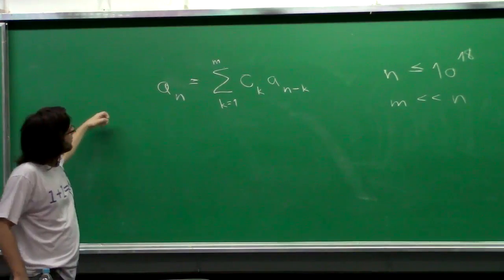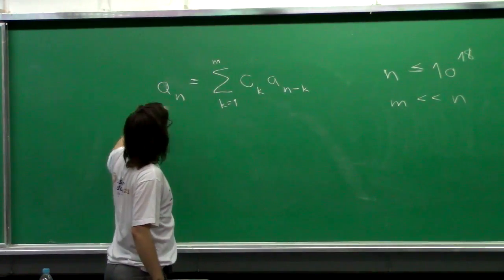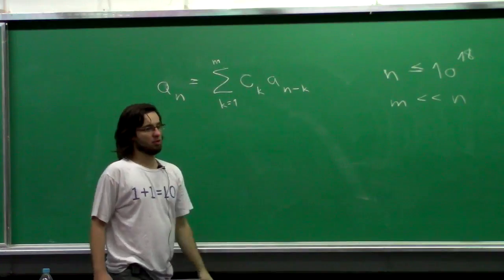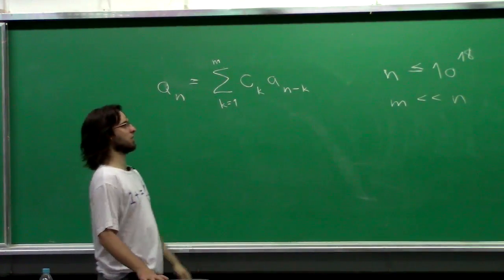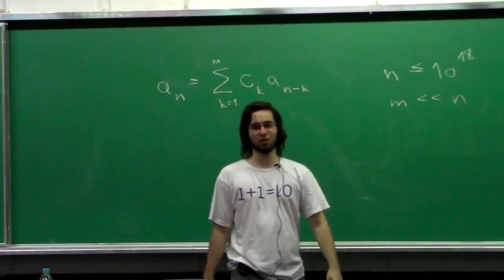So this kind of recurrence, when m is sufficiently small, when it isn't a massive number, and on the other hand n is a massive number.